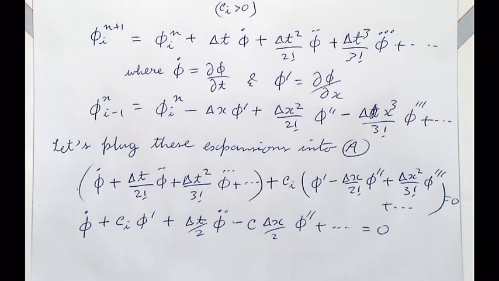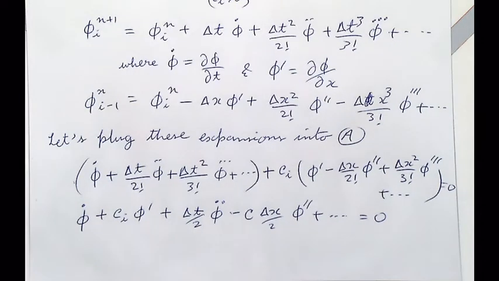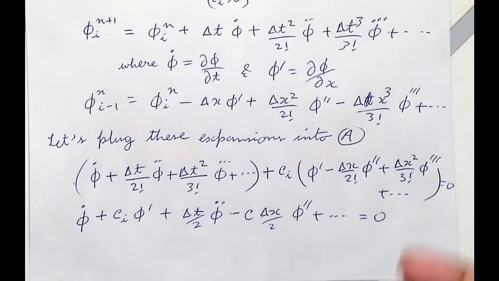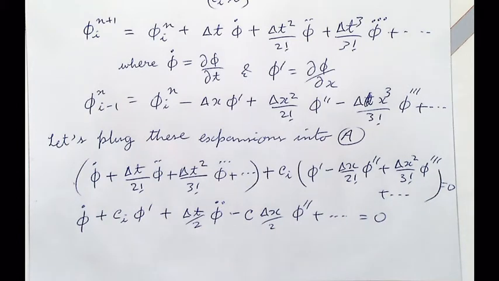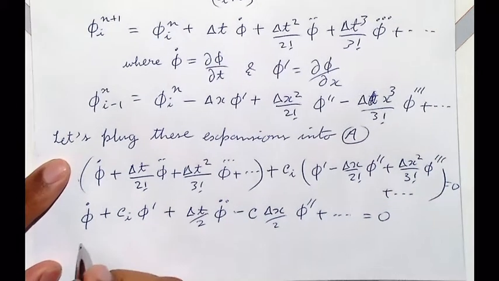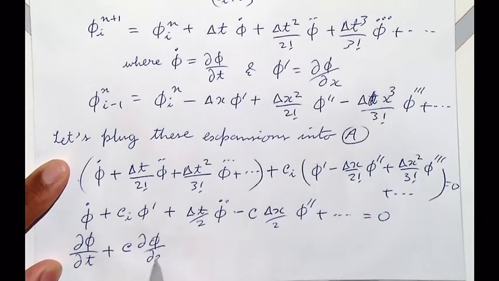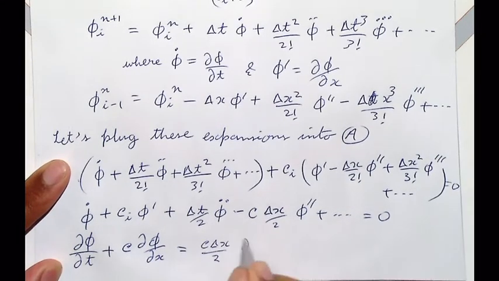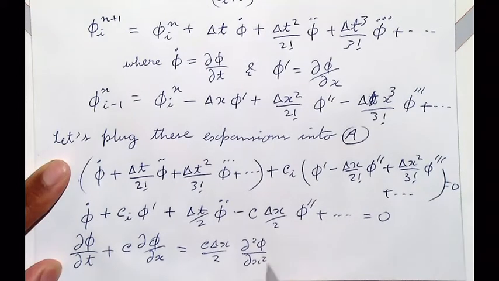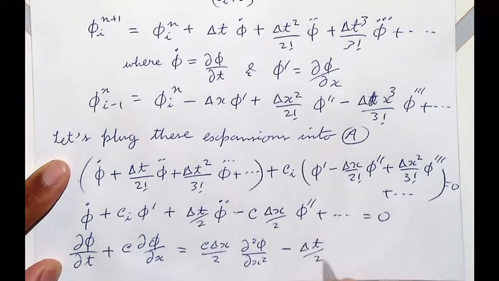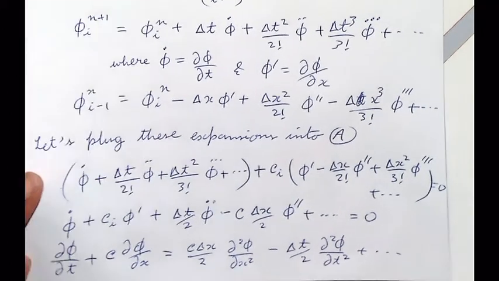What were we trying to simulate? The advection equation. But we've ended up simulating this equation. If we rearrange, this becomes del phi by del t plus c del phi by del x equals c delta x over 2 del 2 phi over del x squared minus delta t over 2 del 2 phi over del t squared plus and so on.